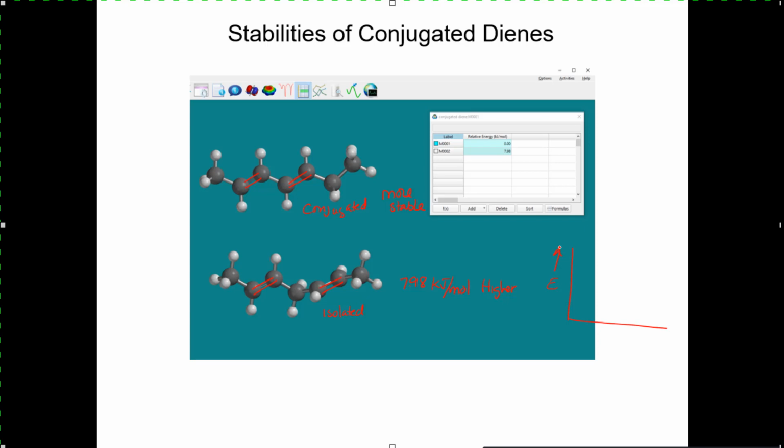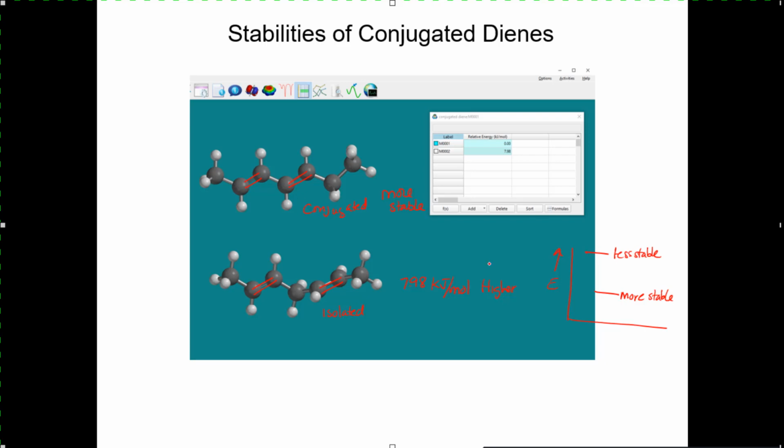Let's draw an energy diagram where energy goes up. Remember, molecules that have a higher energy are less stable, and the ones that have lower energy are more stable.